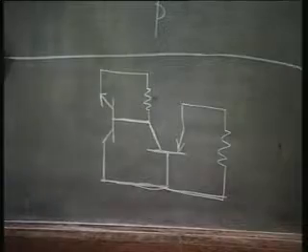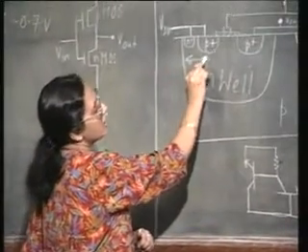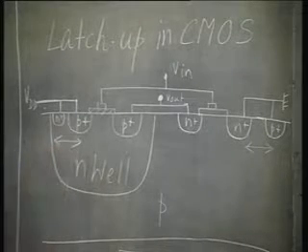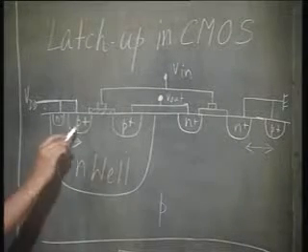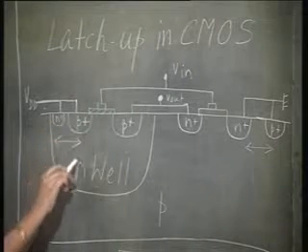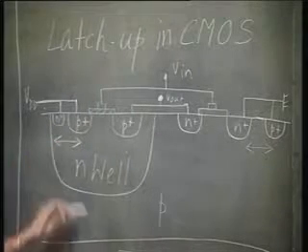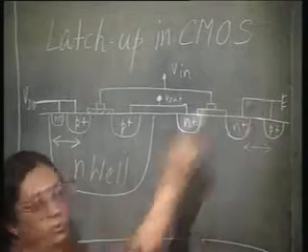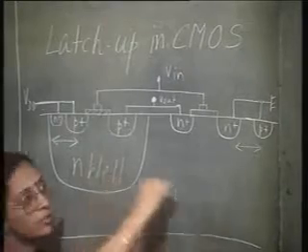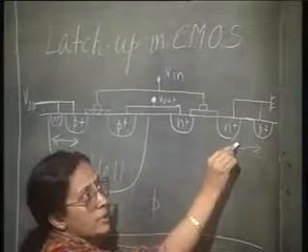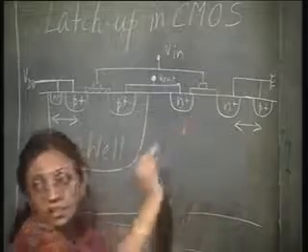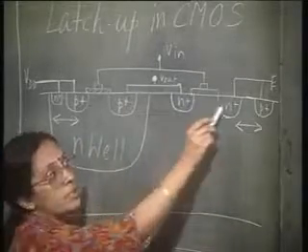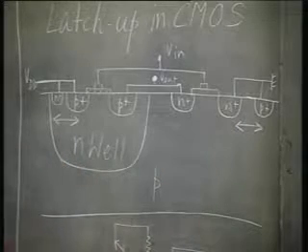Similarly, because of this resistance, here I can have a voltage drop which may be sufficiently high to turn on this p-n junction. Once this p-n junction is forward biased, the PNP transistor gets activated and starts injecting holes. Okay. Once the holes are injected, they have to flow out of this path. When the holes are flowing in this direction, now there can exist sufficient voltage drop here to turn on this p-n junction. Again this one starts emitting electrons.